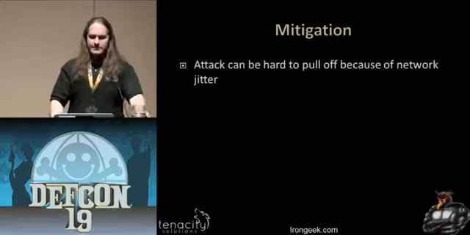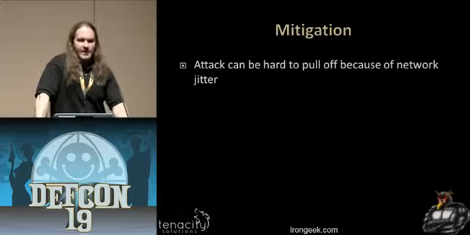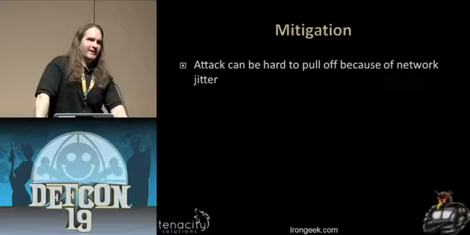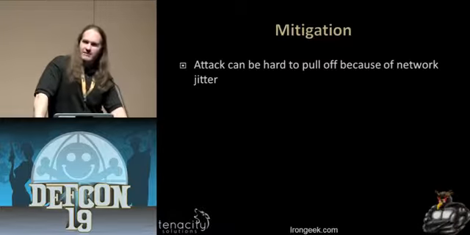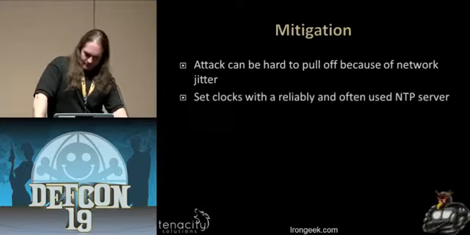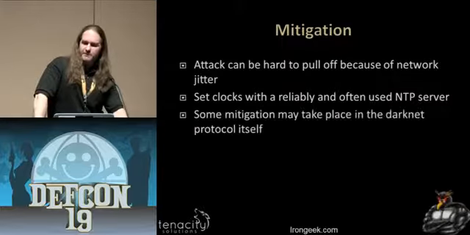Now, some of these attacks, there's actually inadvertent mitigations in there already. By their very nature, mixnets are going to be slower than the public internet because you have to hop through multiple proxies to be able to get anywhere. So that little bit of timing jitter can obfuscate those clock differences. Also, setting your clock to a reliable NTP server will probably help. Some protocols actually have stuff in place already to try to synchronize timers.